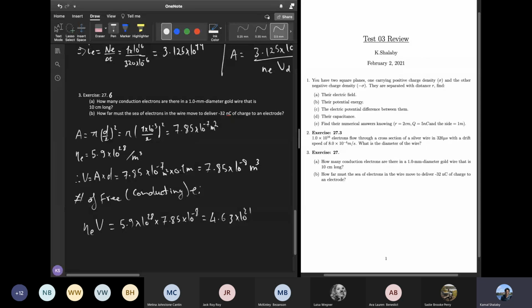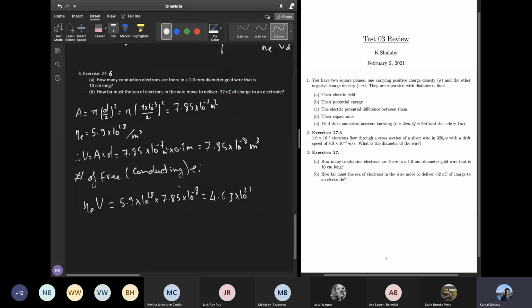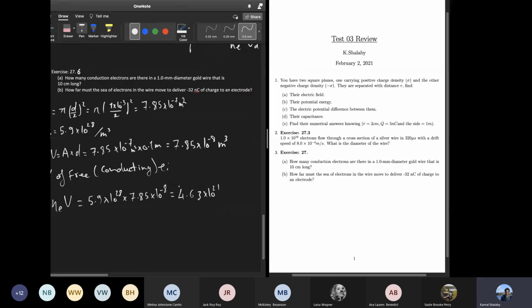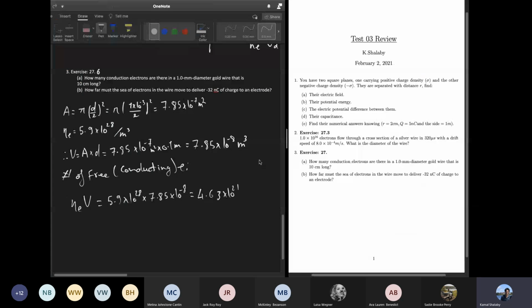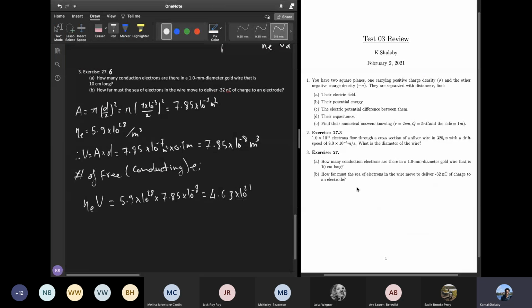The next question: how far must the sea of electrons move? It's not overstating, it's actually a sea of electrons. So how far must the sea of electrons in the wire move to deliver negative 32 nanocoulombs of charge to the electrode?